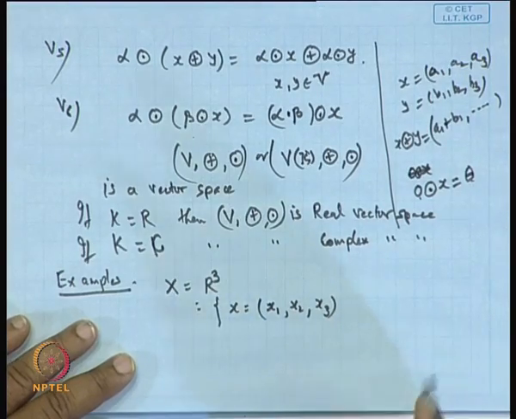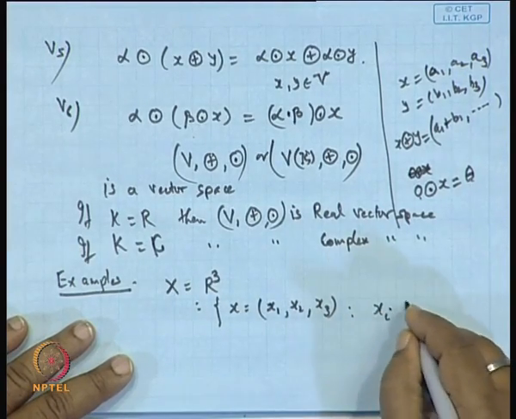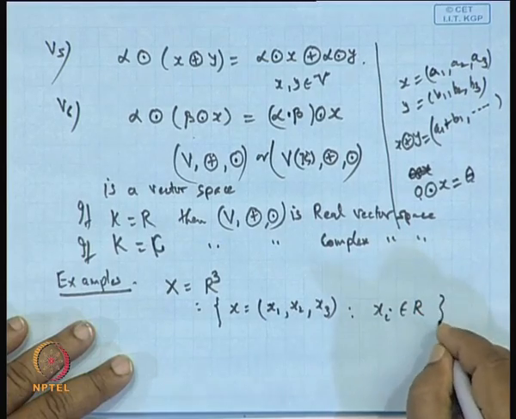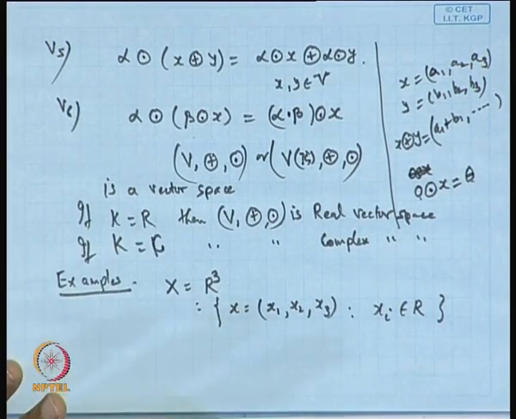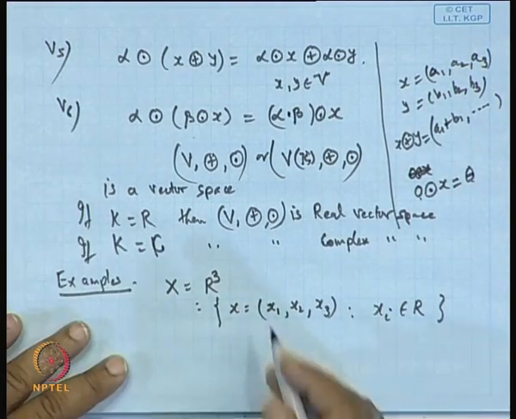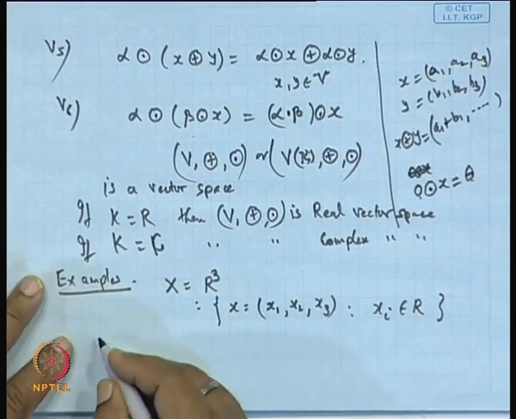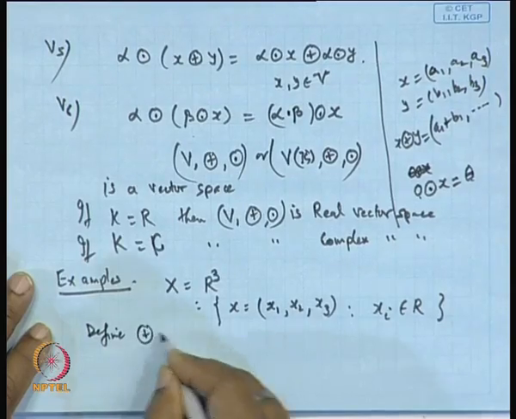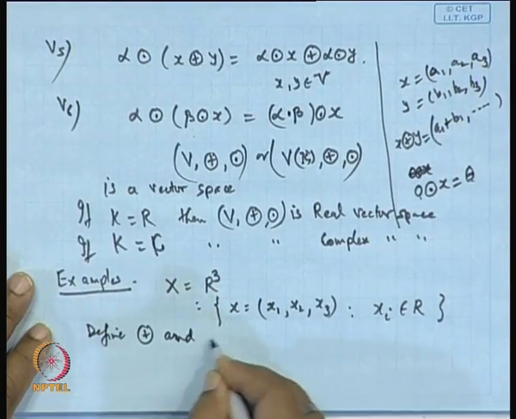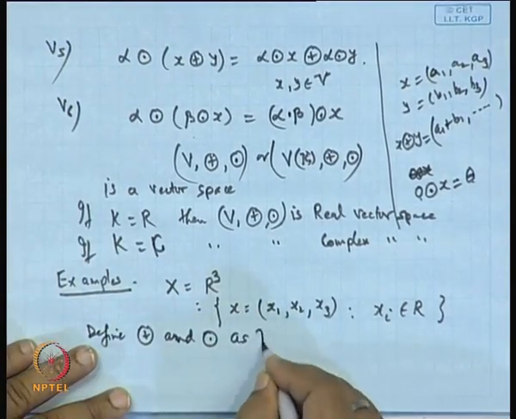Coordinates are x 1, x 2, x 3, where the xi's are real numbers. So, the set of all triples in the 3 dimensional plane. So, these are the vectors. Now, on this we are defining the addition and multiplication dot as follows.